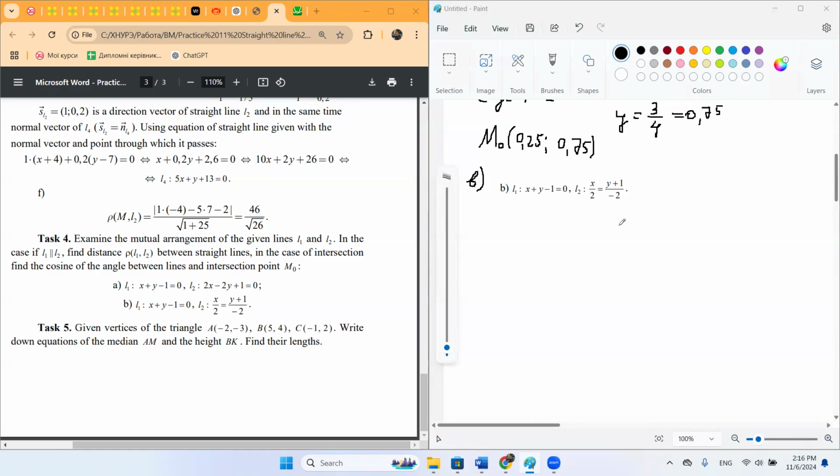So we need to reduce to one form. Which of them? Okay, as I see, no ideas. So I suggest eliminating these fractions. So I can multiply the second equation by 2.